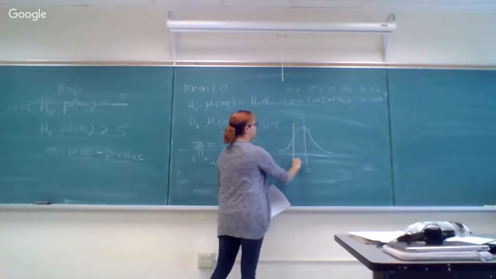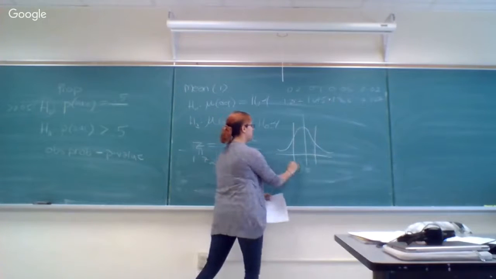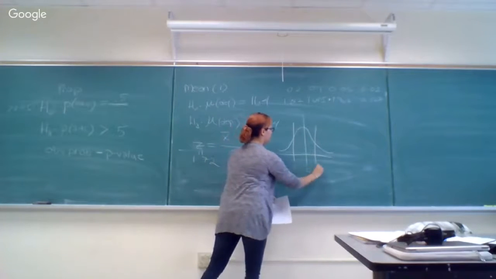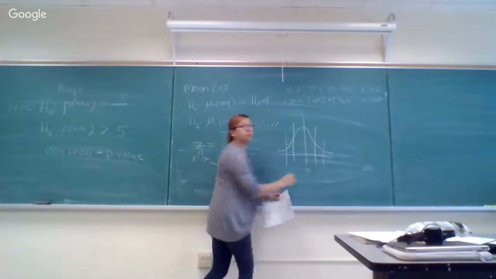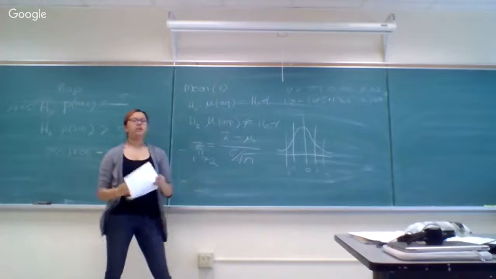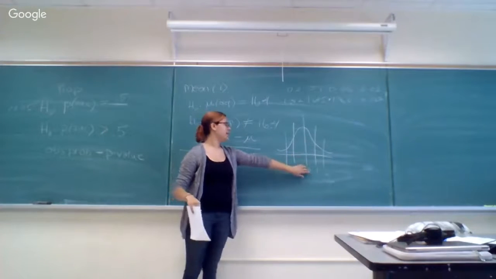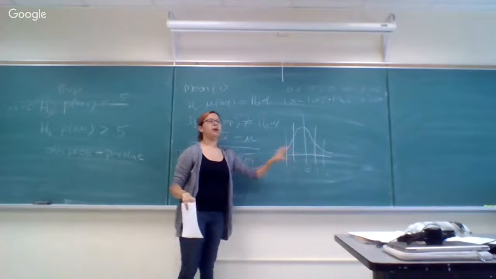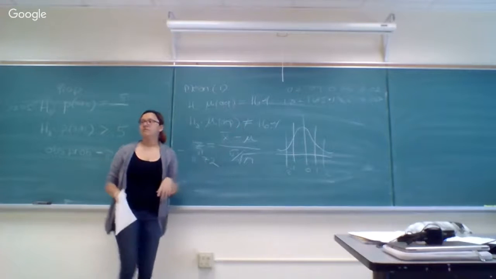Do you remember that, like 68, 95, 99.7? So this is going to be -1 and 1, and then -2 and 2, and so on. So when we calculate these z-scores, we're standardizing the distribution to be around 0 instead of around 16.4 or something like that. Does that make sense?